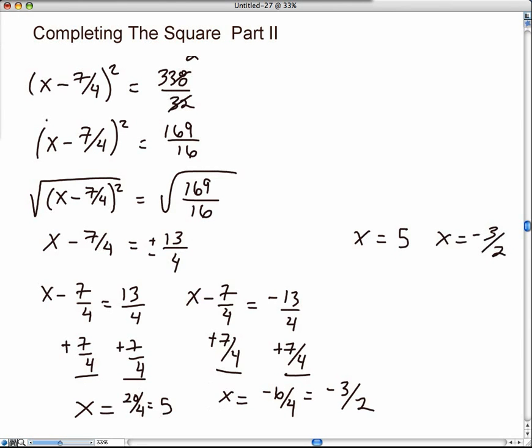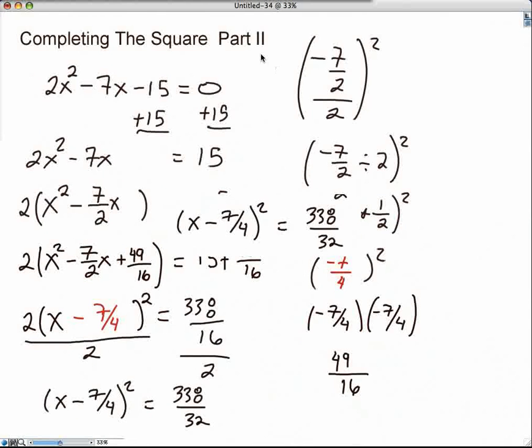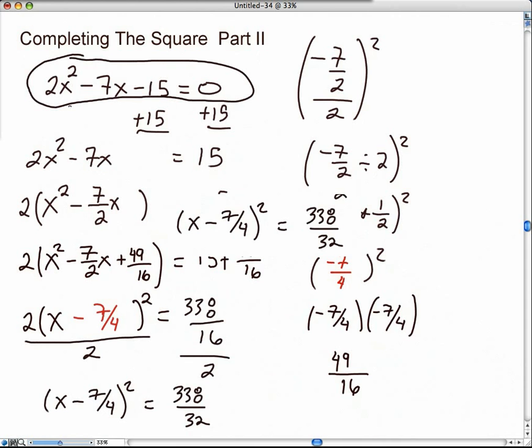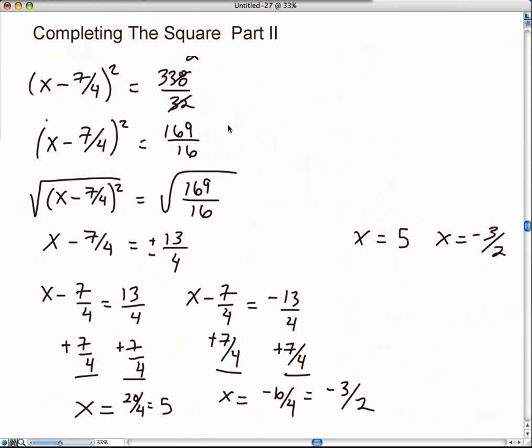So this problem has a lot of steps, many steps. It started off looking like this, and we had to move over the constant. We had to factor, and the whole idea of factoring is so that we can graph, but we could have divided by 2 if we wanted to. And then when we did that, we noticed that we had to reduce so that when we take the square root, it would come out fine, even without a calculator.